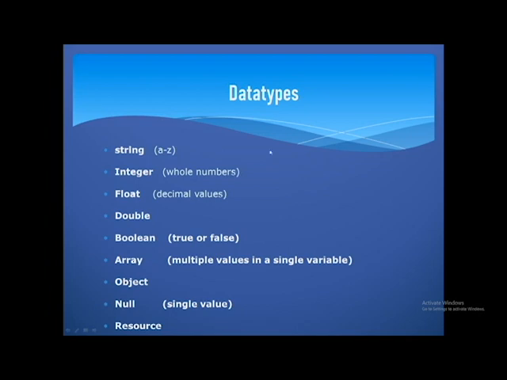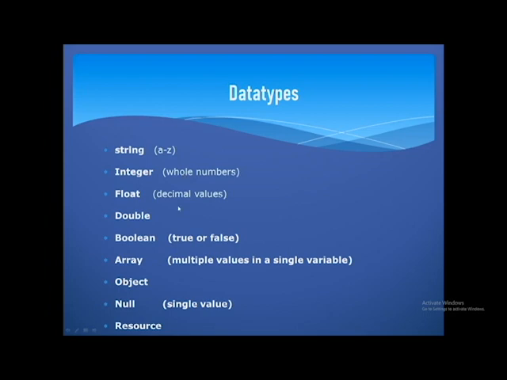Data types: string, integer, float, boolean, array, object, null, resource. String data type accepts characters. For characters, we have to use string as a data type. For numbers 0 to 9, whole numbers, you have to use integer as a data type. For decimal values, you have to use float.